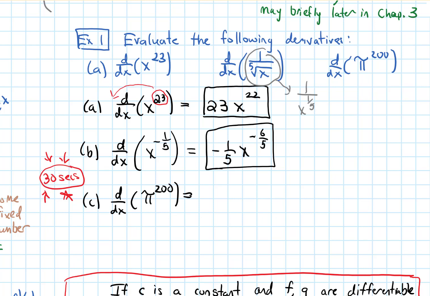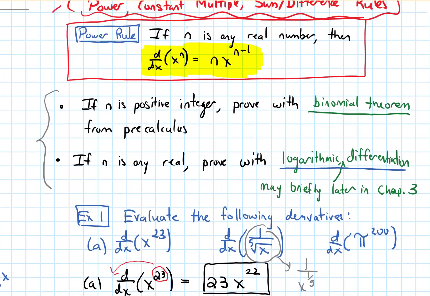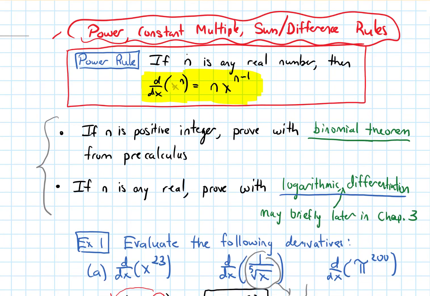Alrighty, so hopefully you paused it for 30 seconds to try this. So if you said 200 pi to the 199, that is not right, unfortunately. But it's not a bad guess. The reason why is that to be able to use the power rule, we have to have our variable x being raised to the power.